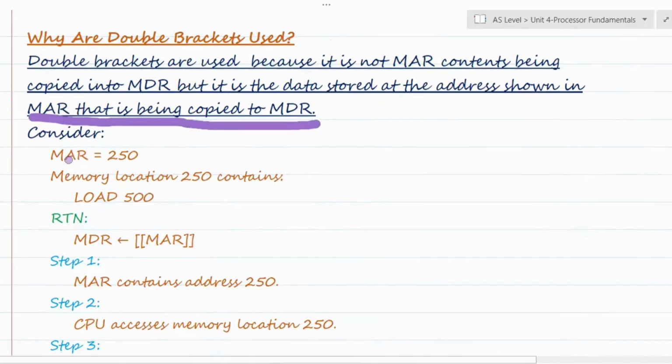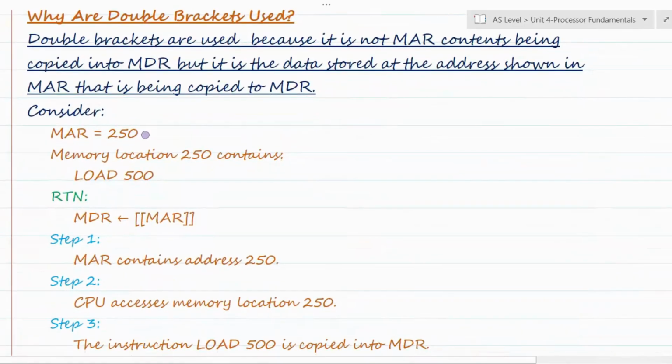Okay, so I have explained this with the help of an example also. Suppose MAR is having 250. That means 250 is the memory location. And at 250, let's say we have this instruction saved. Now, if this is the RTN, that means MAR is written in double brackets and MDR is getting whatever is stored here. So there is an address in MAR, and then there is an instruction stored at that address.